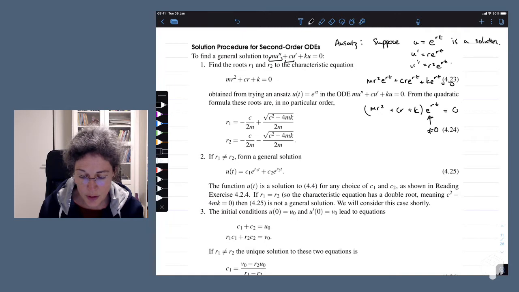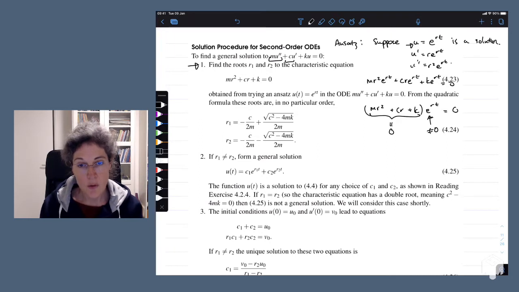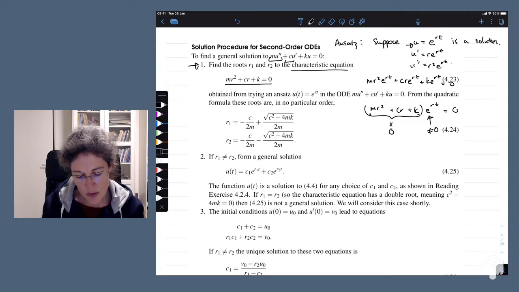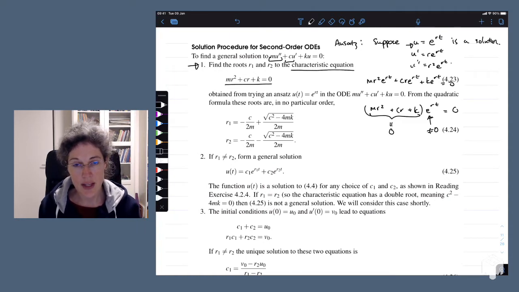So in order for our ansatz function, our u, to be a solution, it must be that this factor must be equal to 0. And that leads us to the first part in our procedure, which is saying, well, in order to make that 0, we need to find the roots. So this equation over here is called the characteristic equation, and you find the roots.